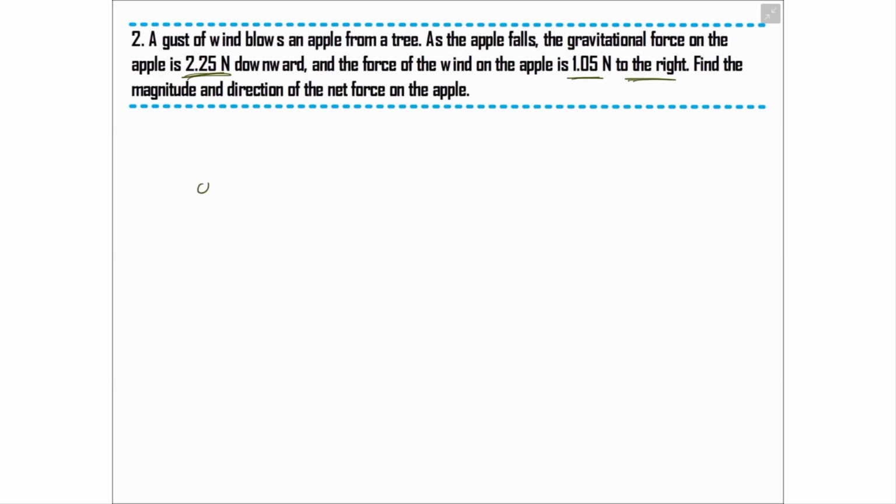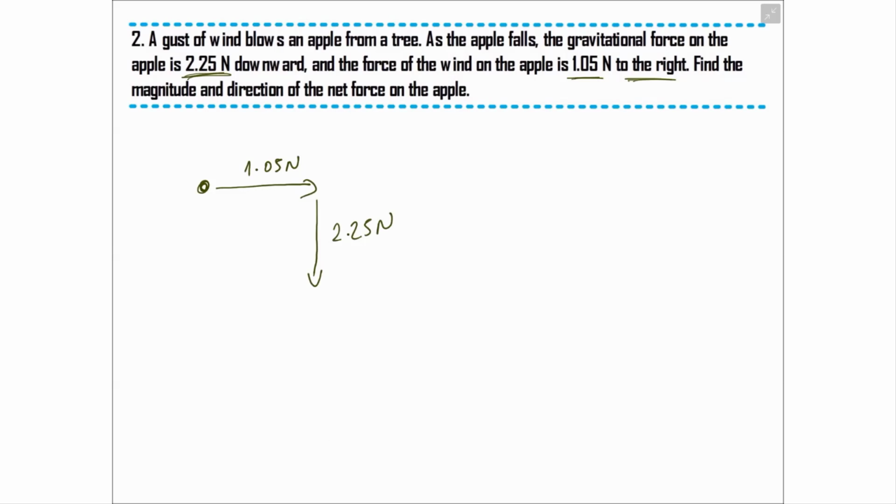So let's say this is an apple. This is the force of the wind, which is 1.05 Newton, and it is falling down with the force of the weight, which is 2.25 Newton.